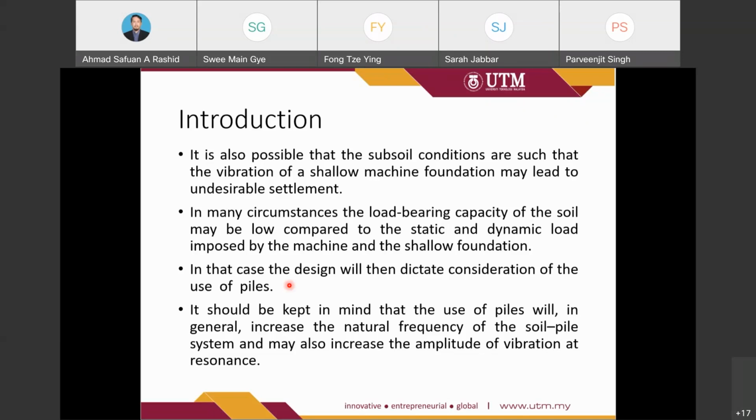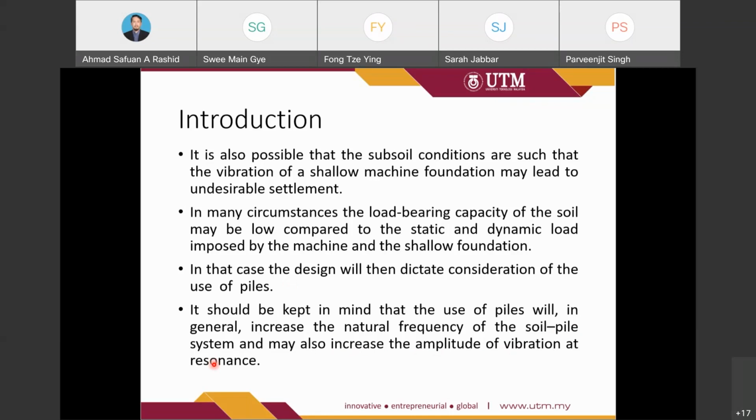It should be kept in mind that the use of pile will, in general, increase the natural frequency of the soil-pile system, and may also increase the amplitude of vibration resonance. Every system has its own natural frequency, and may react to any vibration due to the resonance effect.